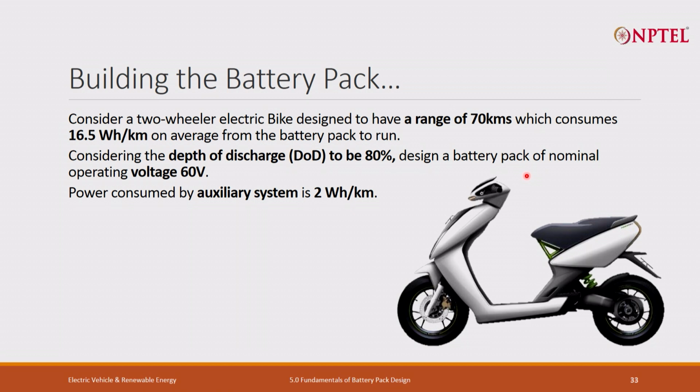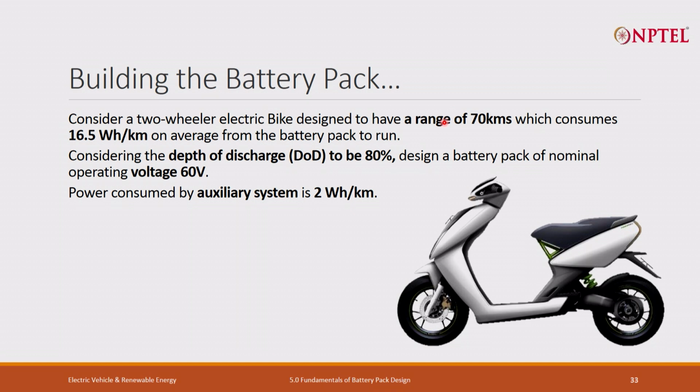So, what is defined here is the range, correct? And then it is also said what the consumption per kilometer would be. So, if I multiply the per kilometer energy consumption with the range, that would be the energy requirement of the battery pack.